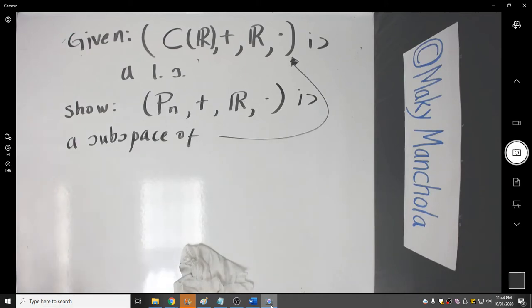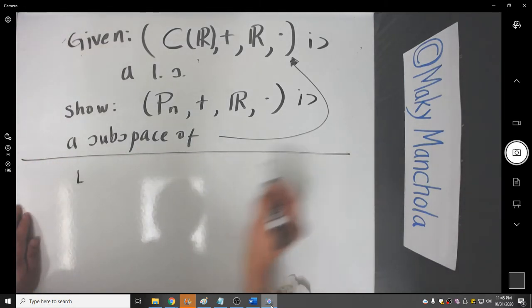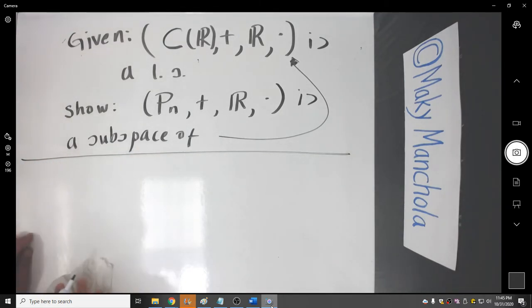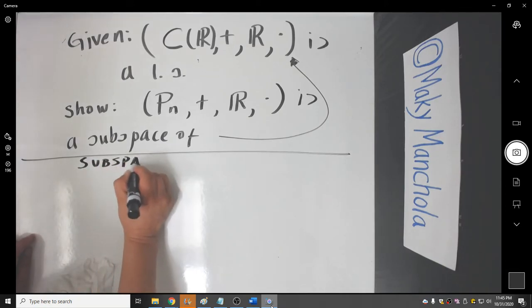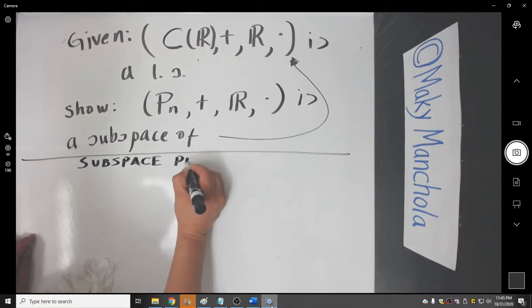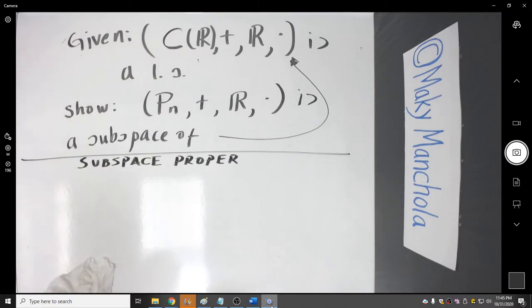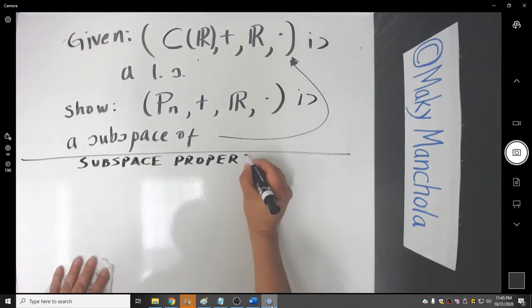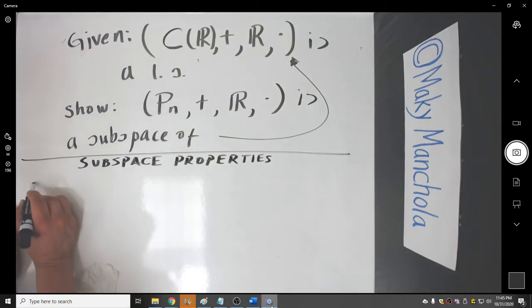Okay, so let's see. I will need to verify that scalar multiplication is closed. So let me call this the subspace properties. I don't have to check every single linear space property. I just need to check the subspace properties. And I'm going to list them here.